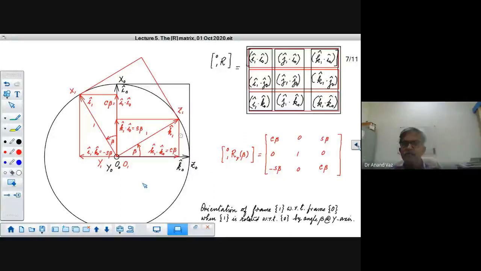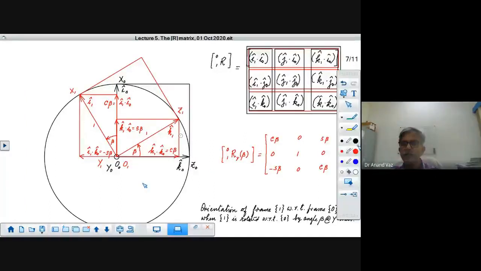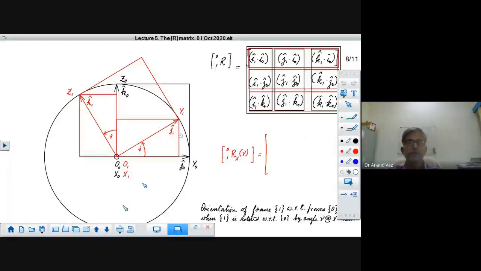In the same way, I think you can also do the orientation about the x-axis. This is relatively easier because here you will have to take the axis y0 here and z0 here, and y1 and z1 are rotated, and we are considering a rotation by an angle of gamma.